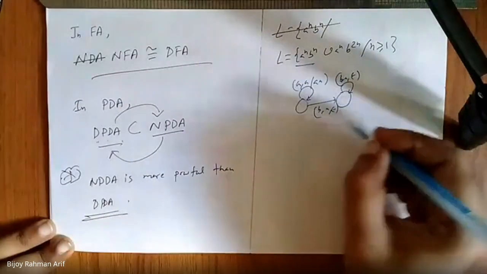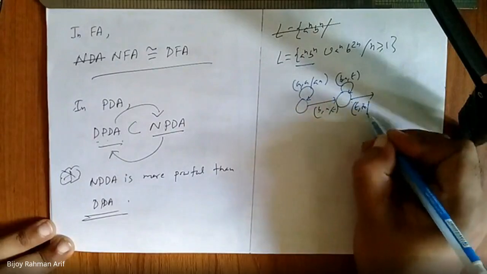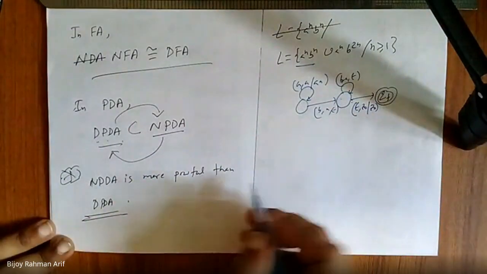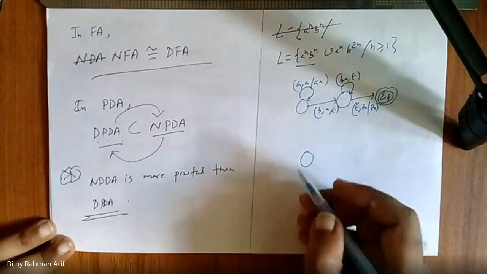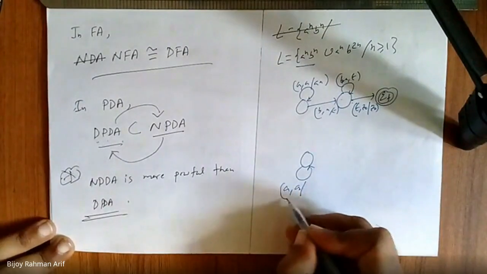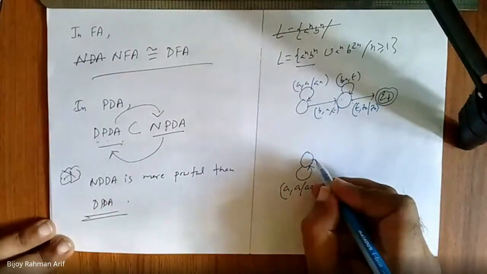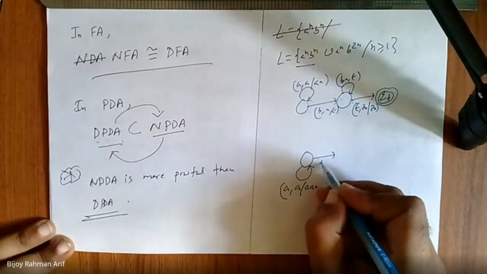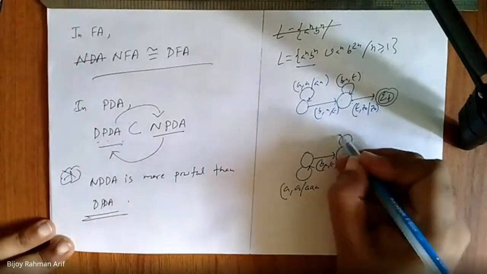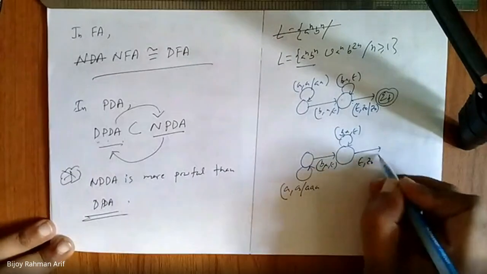Pop it. Finally, this is this. How about this? You already solved this. Getting A, finally comma Z naught.